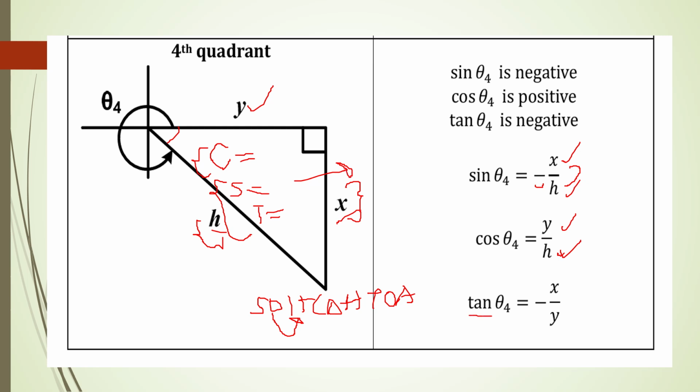So if you get tan, it's going to be negative simply because in that quadrant, all functions of tan must be negative. So negative x, which is our opposite, divided by y, which is our adjacent. And this is the idea that you're going to be using to look at the worked examples.